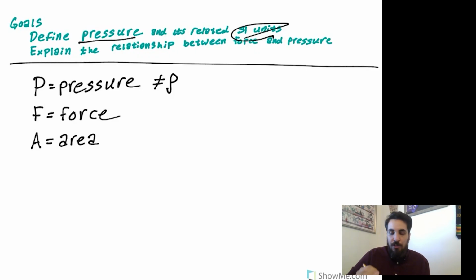And I also want to make sure we don't mistake P for momentum. Momentum we use the letter P as well for. Also, remembering when we talk about capital A, we are not talking about acceleration. We are talking about the area. So just keeping our terms in order, and F we've used for force all semester long, so that should be fine. So what is pressure?